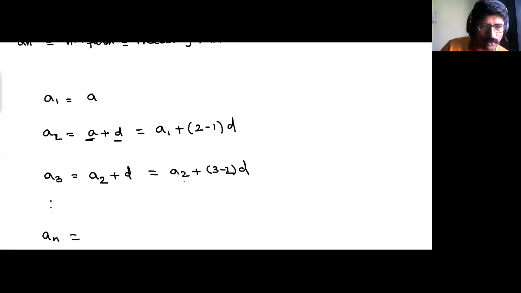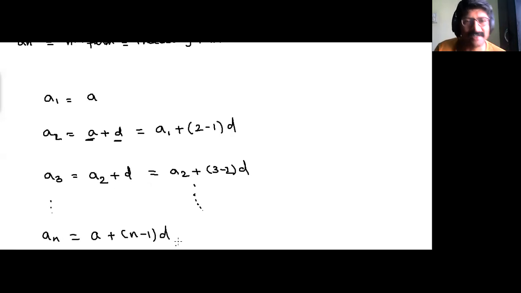So if we go on writing these ahead and ahead, you will get an as a plus n minus 1 into d. It's that simple. I hope you understood this formula, isn't it?